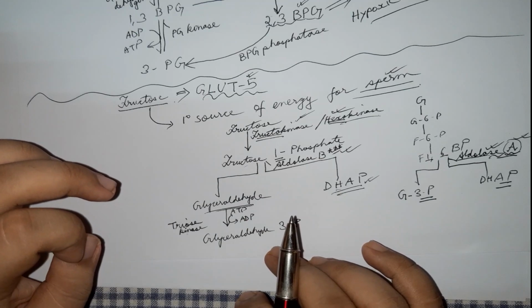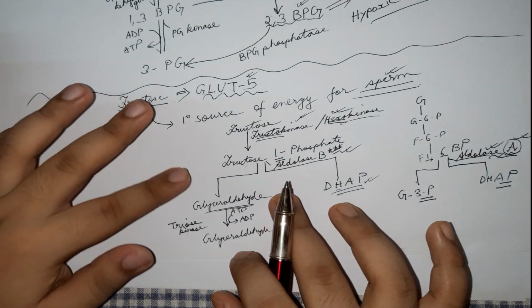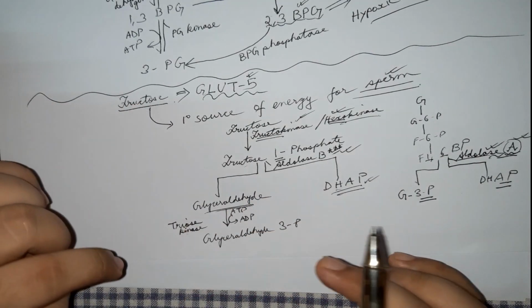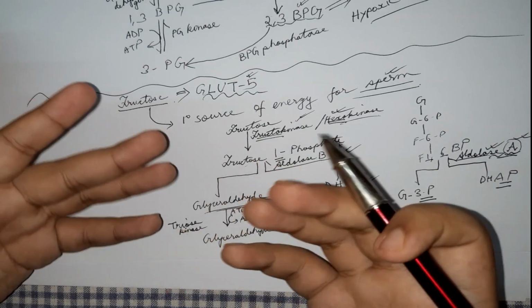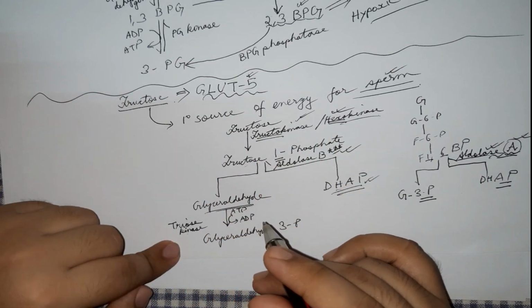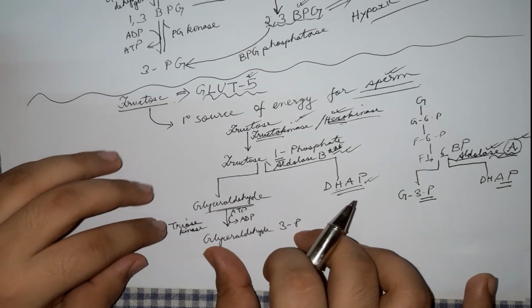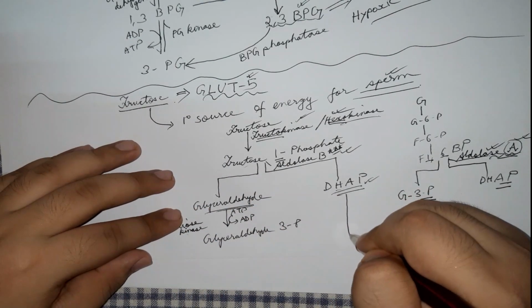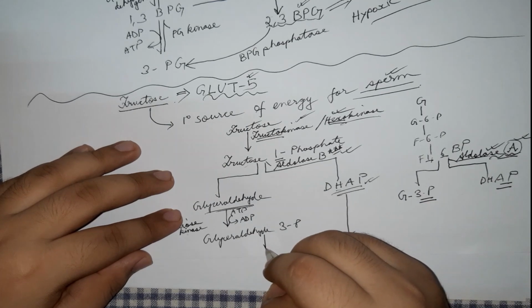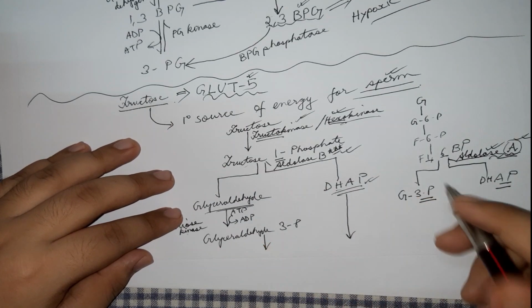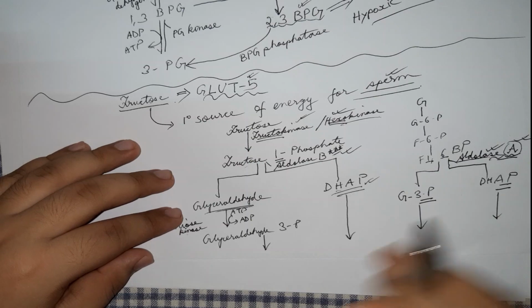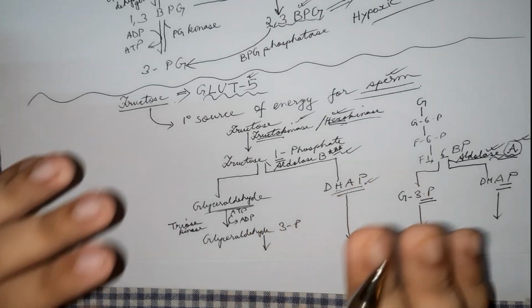And kinase means phosphorylation is occurring. So triose kinase is the name of the enzyme which will phosphorylate glyceraldehyde to glyceraldehyde 3-phosphate, and from here onwards it is essentially the same. See? So that's what I'm trying to explain.